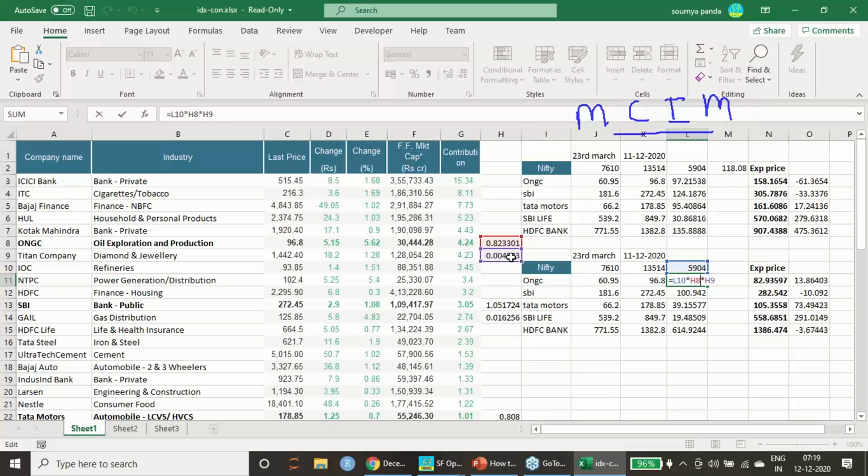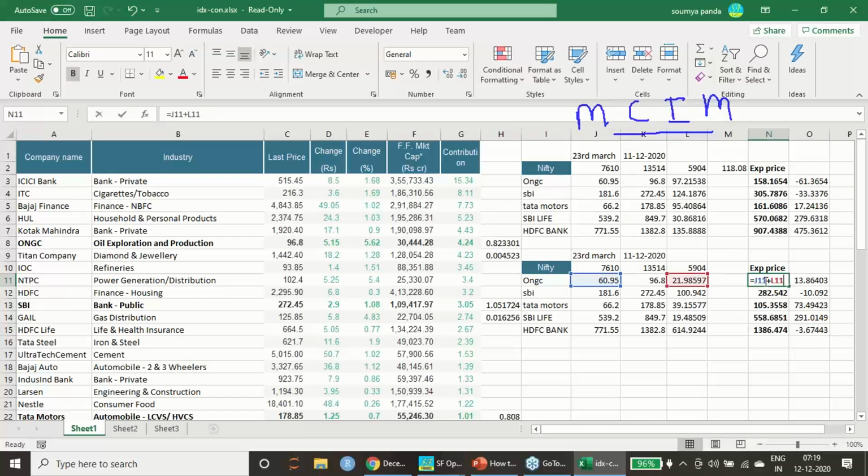These two values I am just multiplying. This gives me some price points, so I am adding it to the 23rd March low. Based on this, my expected price for ONGC should be 83 rupees.